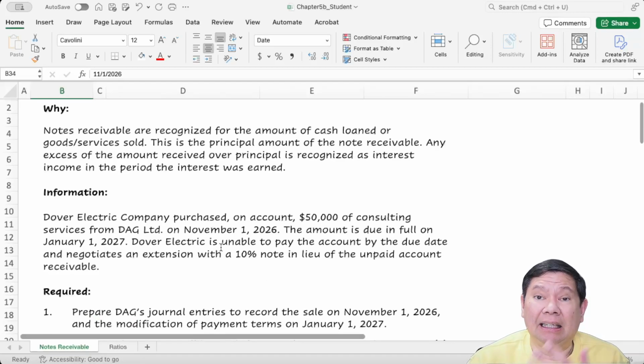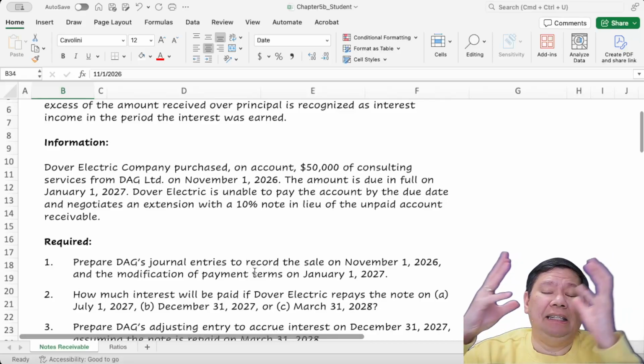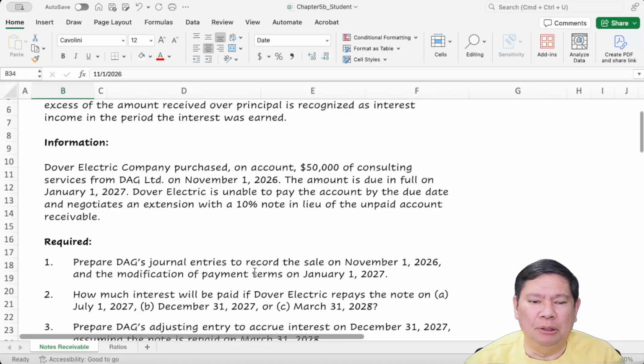Dover Electric, the customer, is unable to pay the account by the due date and negotiates an extension with a 10% notes. For them, it's notes payable. For us, it's notes receivable in lieu of the unpaid accounts receivable. So we're changing from accounts receivable to notes receivable, but now the customer is going to pay interest.